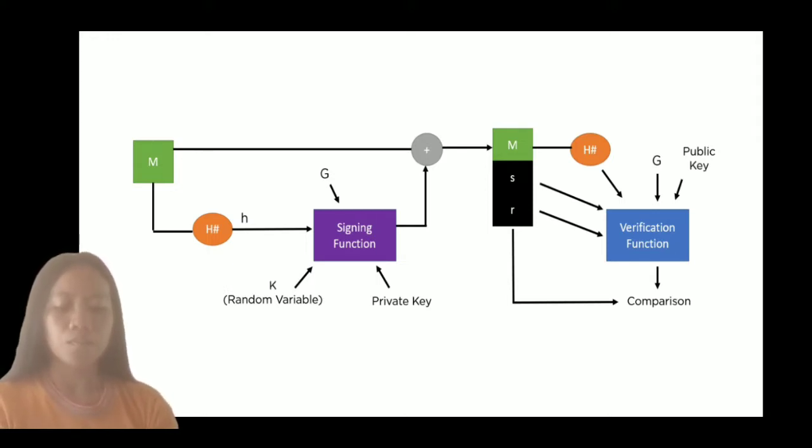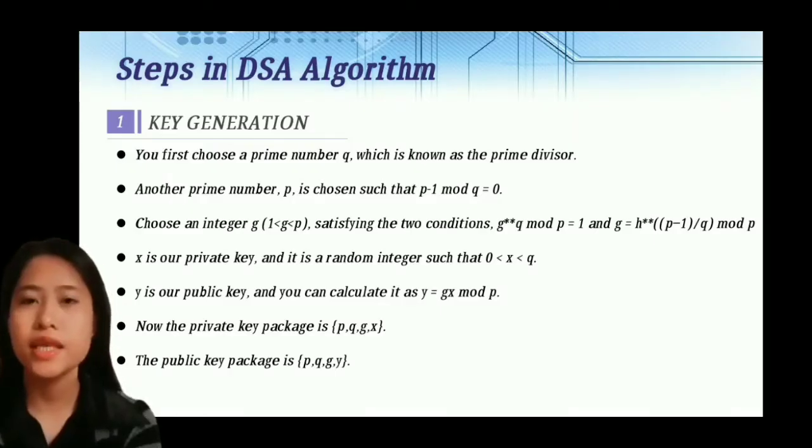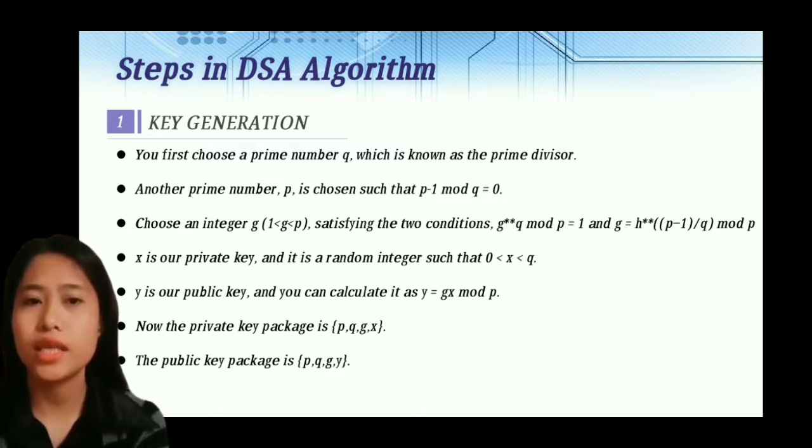The difference between the image of a typical digital signature verification process and the one above is the encryption and the decryption part. They have discrete parameters, which we will look into in the next section of this lesson of the DSA algorithm. Steps in DSA algorithm.